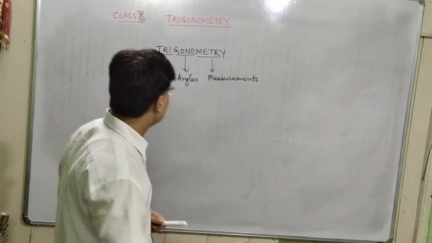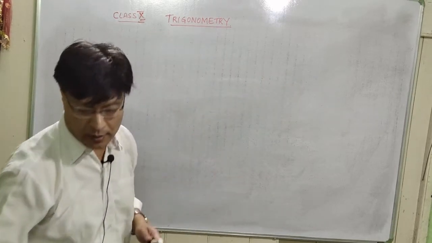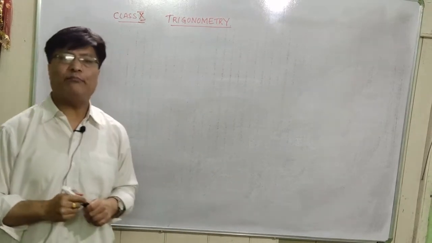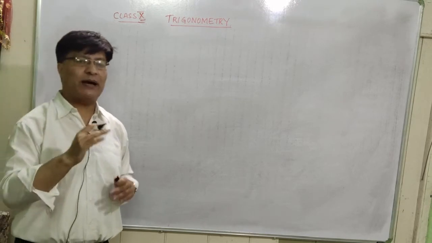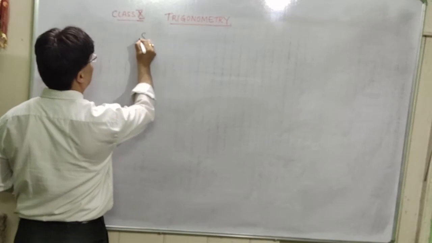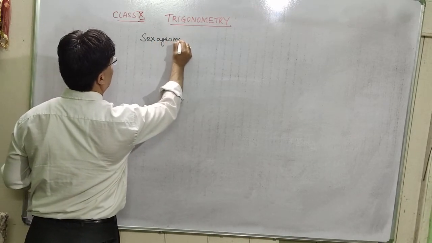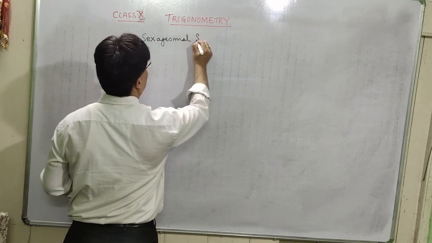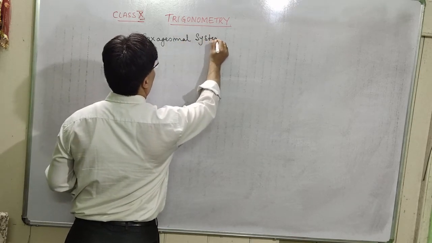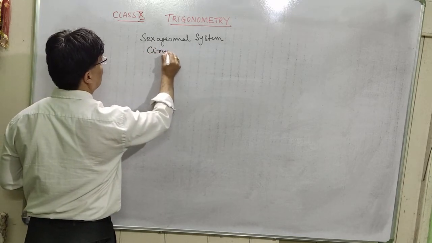Actually, we can measure the angles of a triangle by two methods. One is known as the sexagesimal system, and the other one is known as circular measure.